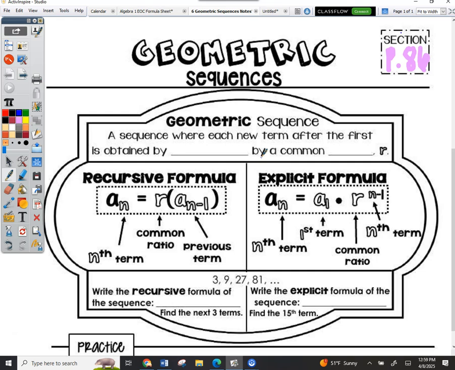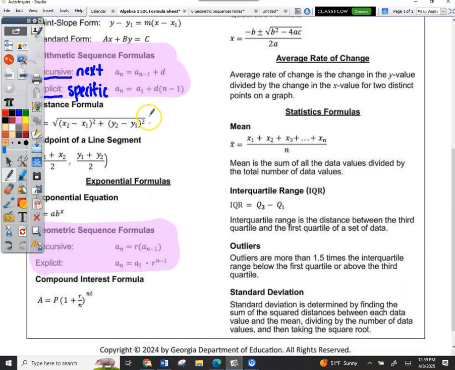The main difference, here you go. Here's your game plan. The main difference is arithmetic involves adding and subtracting. Geometric involves multiplying. Okay? So if the sequence is just adding up the same number every time, it's arithmetic.